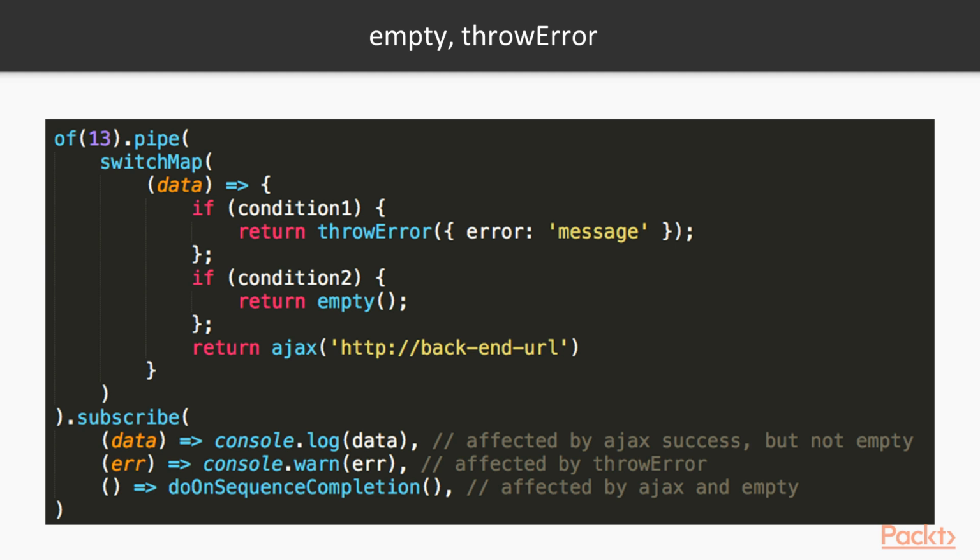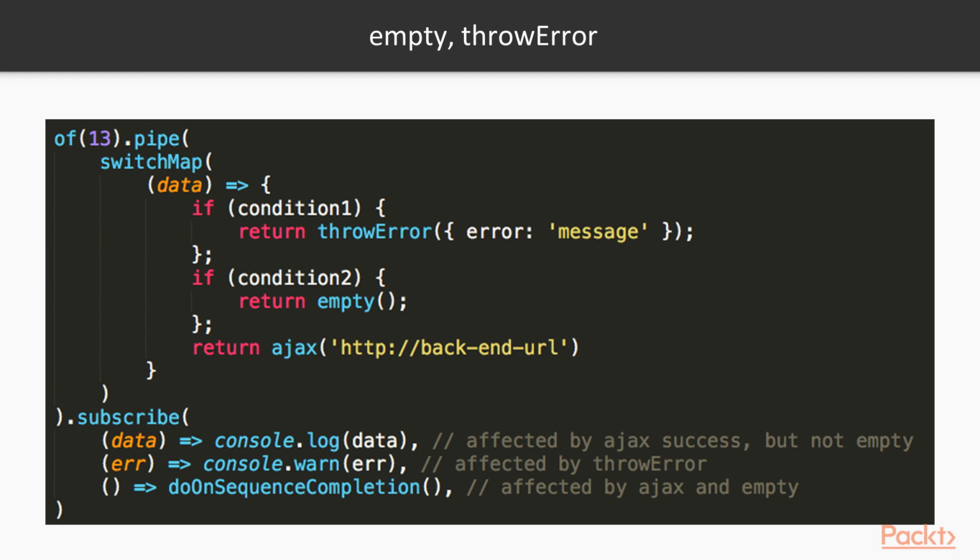switchMap re-subscribes the observer to the sequence that the callback function returns. And depending on conditions, we can return different sequences or an errored sequence. We will talk more about pipe and switchMap in the observable combining and flattening videos. Here, if we meet condition 1, then the result observable throws, and the error handler will run.